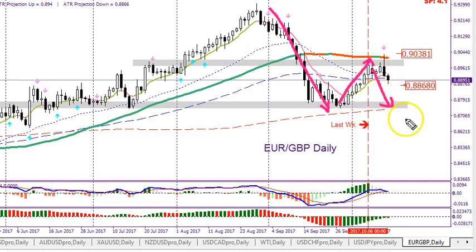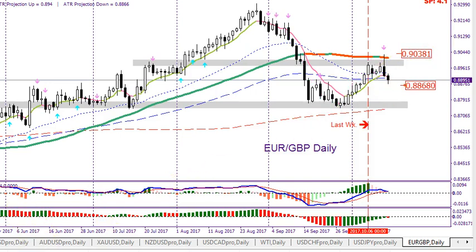So in this case, if you think that's the case, then you could look at sells below 0.8868. I don't think price will go higher, and you never know, but if that may happen, then you could look at buys above 0.9038.